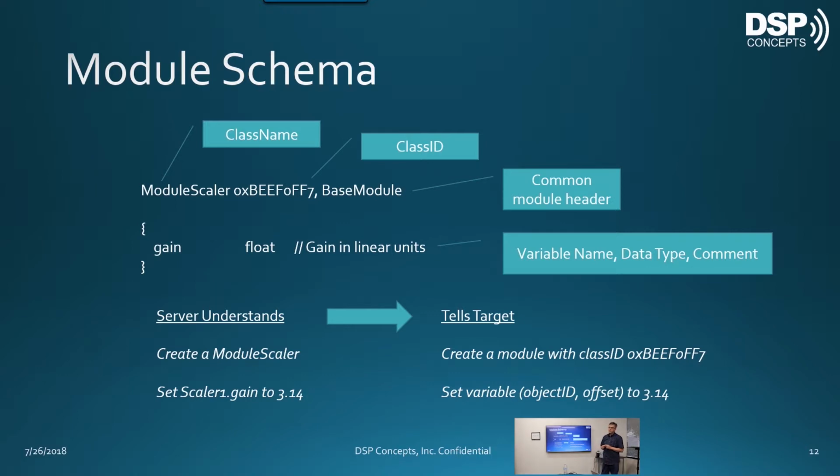So it essentially does the translation for us. And when MATLAB says change the gain to 3.14, it sends a command, set the variable with this object ID and this offset to 3.14. That's the translation table inside the server, based on the schema information. You never have to write this yourself. It's all auto-generated, but I want to make sure you know all the pieces of information.